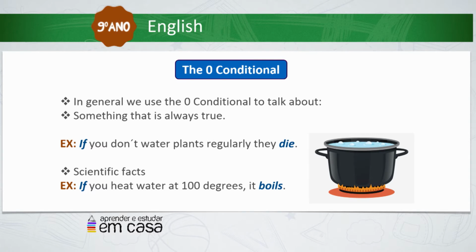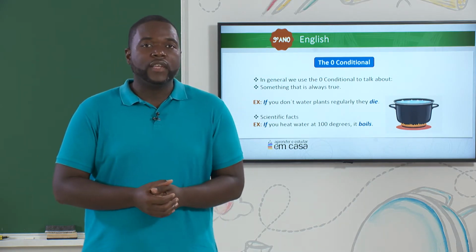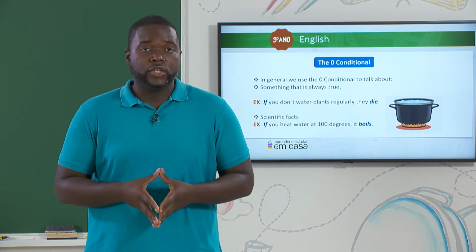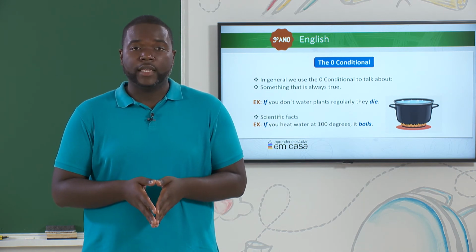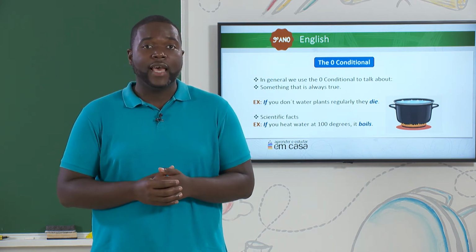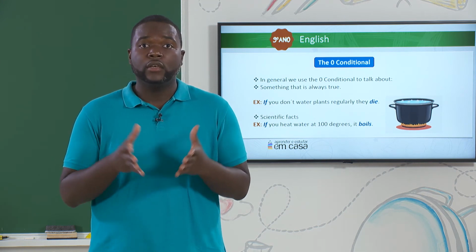We also use the zero conditional when we talk about scientific facts. For example, if you heat water at 100 degrees, it boils. Now, students, the second use of the zero conditional is when we talk about something that is scientific, something that science has proven to be correct.